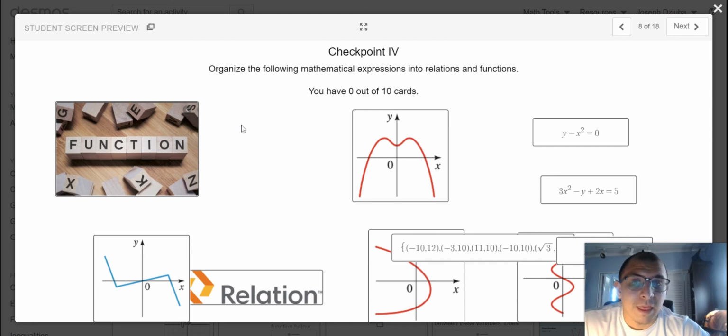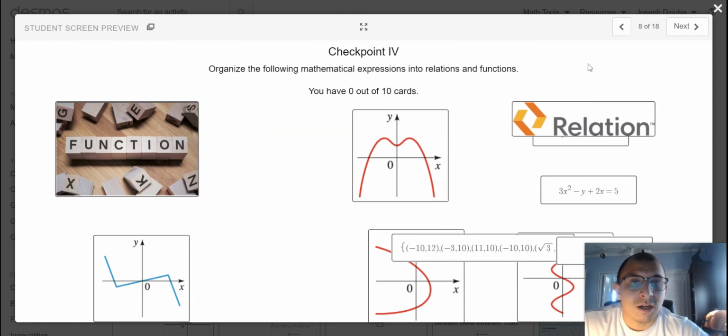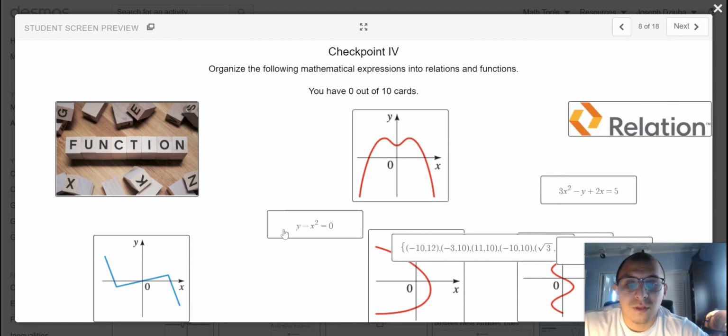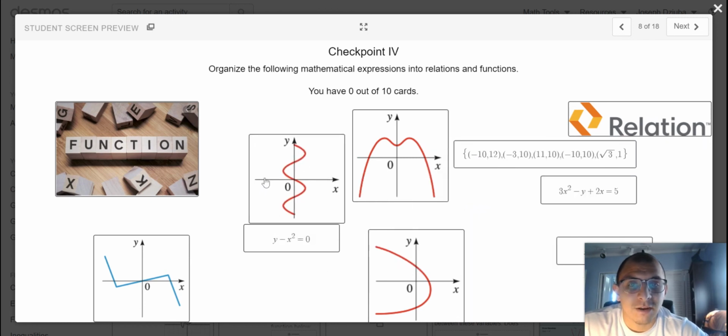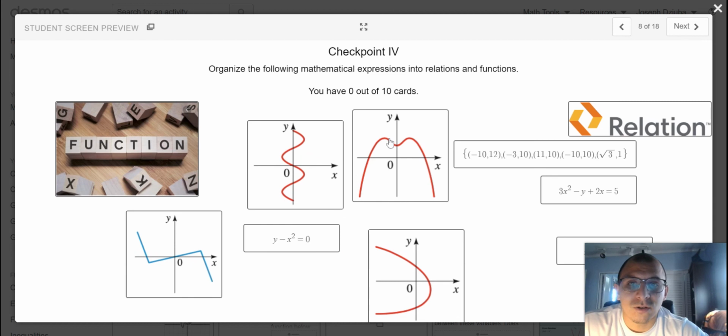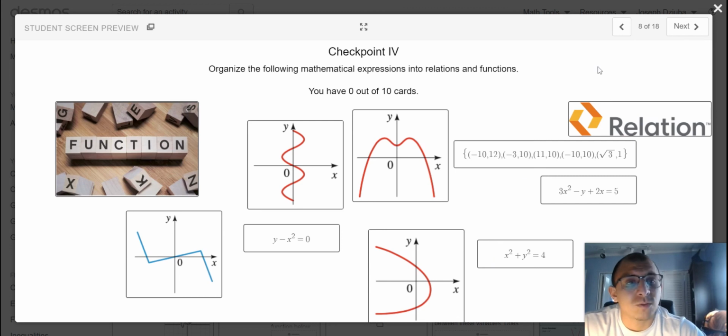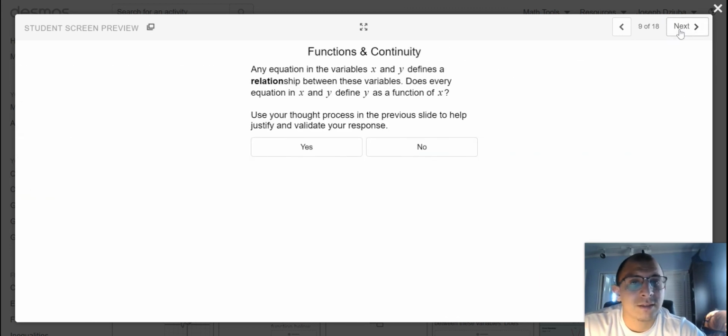After you've done that, you'll be tasked with sorting both equations, coordinates, and graphs into the corresponding relation and function. Okay. Once again, we're still exploring here, so it's understandable if you're unable to reach the 10, but you might be able to determine a pattern, at least visually speaking, maybe not algebraically, but that is okay, and that is what I'm here for and what we'll talk about in class.